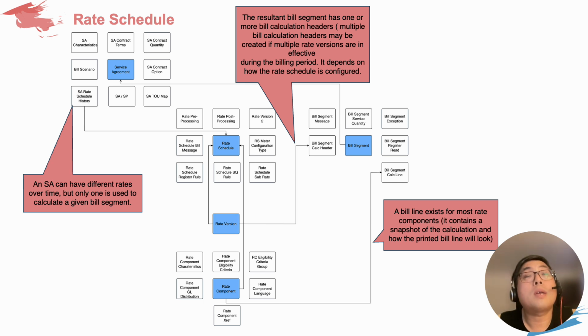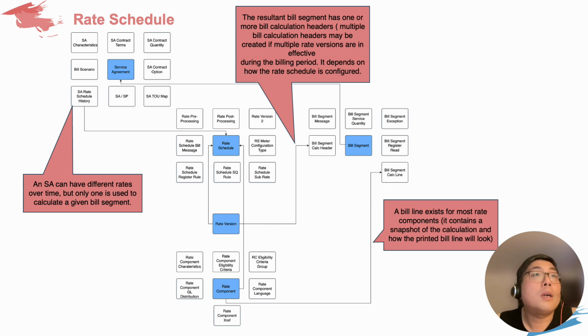Now, rate schedule is defined on the service agreement, as we mentioned. It links to a rate schedule, and when the bill segment is created based on the service agreement, each bill segment calculation header is linked to a rate version, and the bill segment calculation line is linked to a rate component.